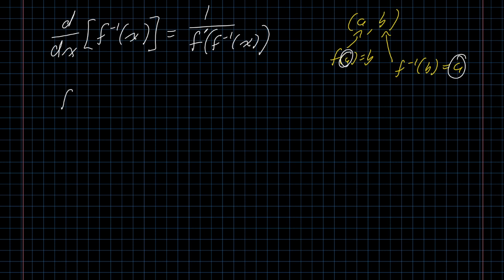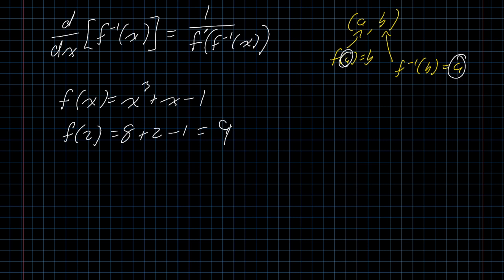So let's go back to that function we were talking about a few minutes ago. F of x is x cubed plus x minus 1. Well, let's just pick a point at random. If I evaluate f of 2, that's going to give me, well, 8 plus 2 minus 1.